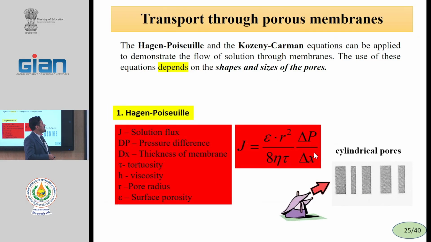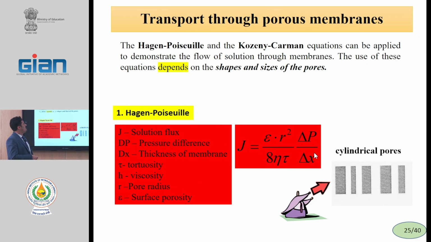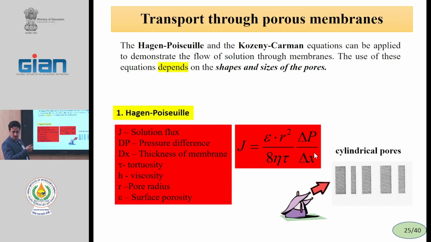There are different equations for discussing mass transfer in the membranes. For example, Hagen-Poiseuille, and you see this equation is similar to the mass transfer equation.